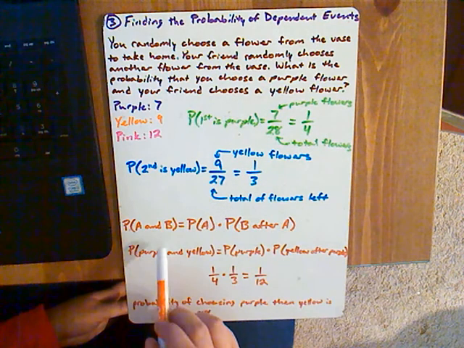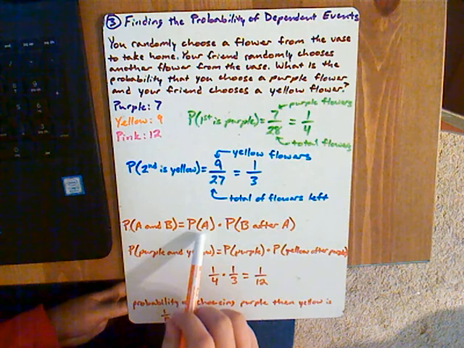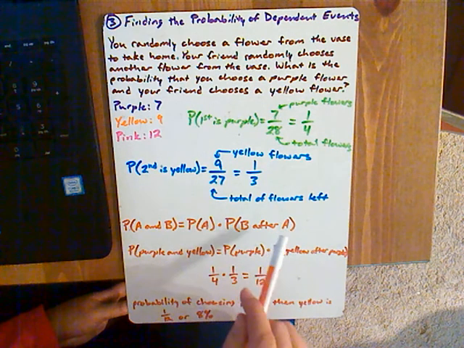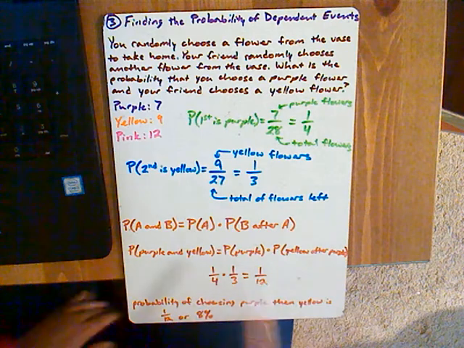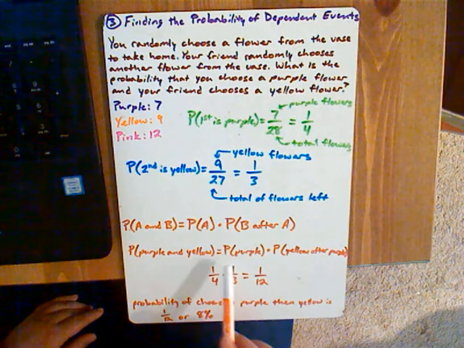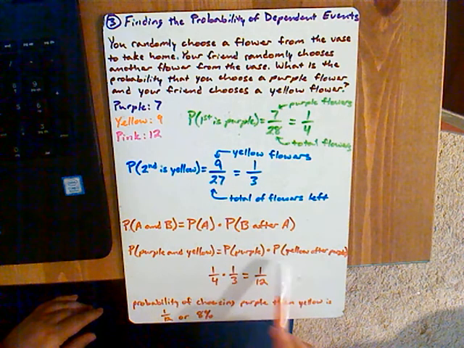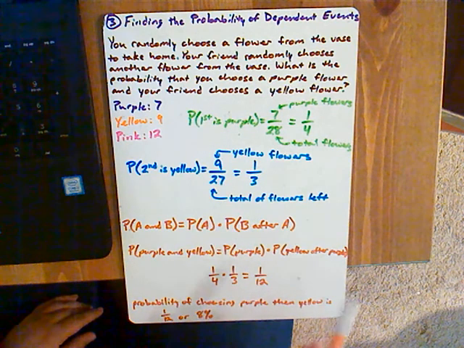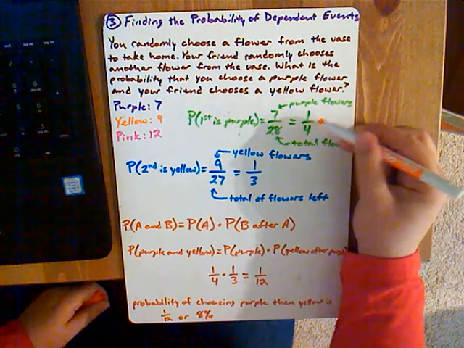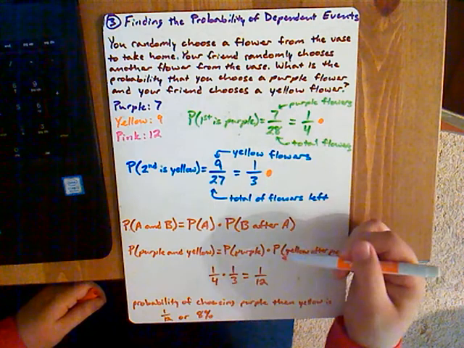So to find our probability of A and B, remember we multiply the probability of the first event times the probability of the second event after A. So the probability of purple and yellow equals the probability of a purple flower times the probability of a yellow flower after purple. Our two probabilities are 1/4 and 1/3, and we multiply those together.